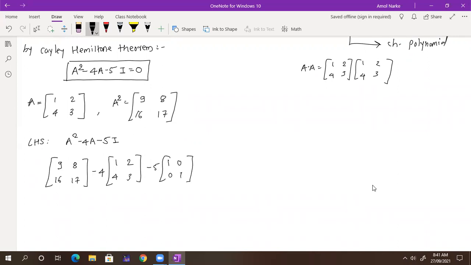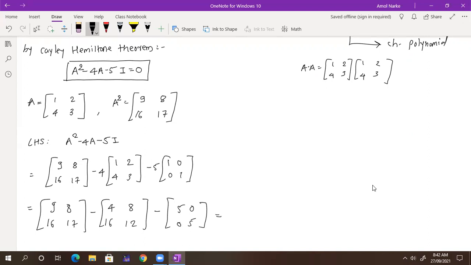Now just solve this. What you are getting, check it out. This remains as it is: 9, 8, 16, 17. You multiply inside, so what does it become? 4, 8, 16, and 4 into 3 is 12. Minus 5 into identity becomes 5, 0, 0, 5. If you solve this further, 9, 8, 16, 17, and we have subtraction here.